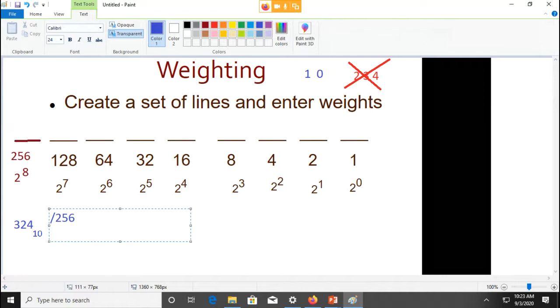So I divide 324 by 256, and it'll go into it once with a remainder. I'm going to shrink the font down a little bit so I have more room.